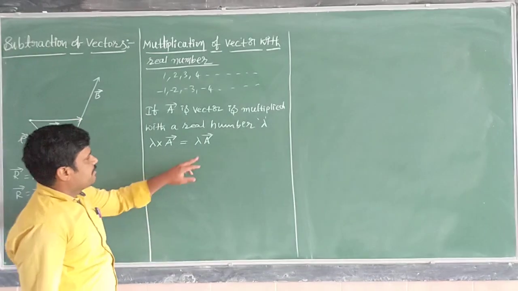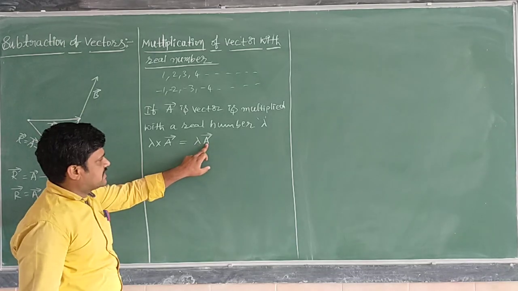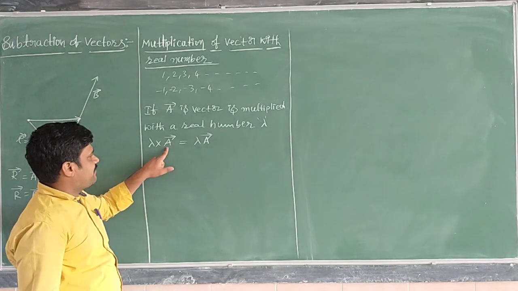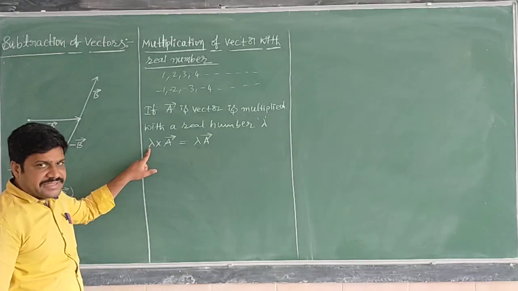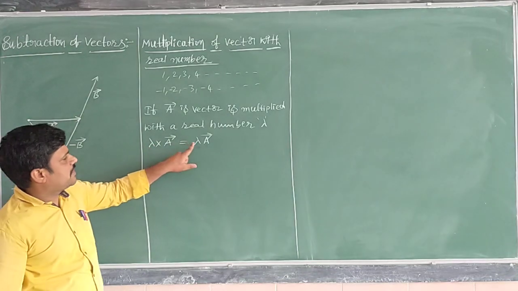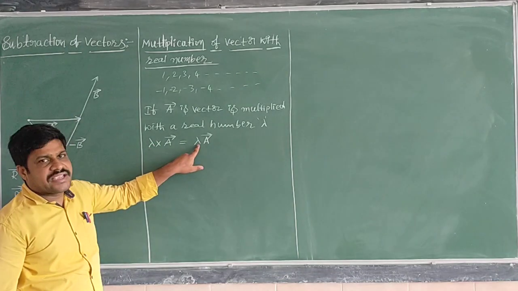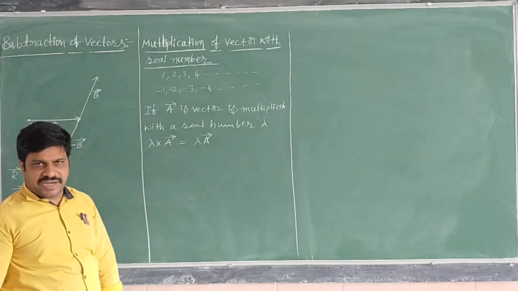That means when the given vector is multiplied with a real number, then the magnitude of the vector is increased by the real number times.